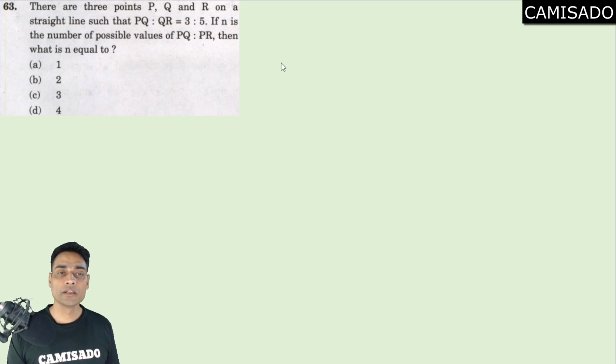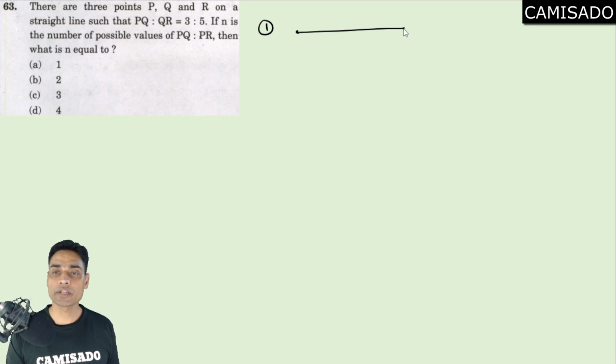Now again, there are 3 points P, Q, R on a straight line such that PQ is to QR equals 3 is to 5. If n is the number of possible values of PQ is to PR, then what is n equal to? So what we can say is, there are basically two cases in the form of a straight line wherein a point divides a line into two parts.